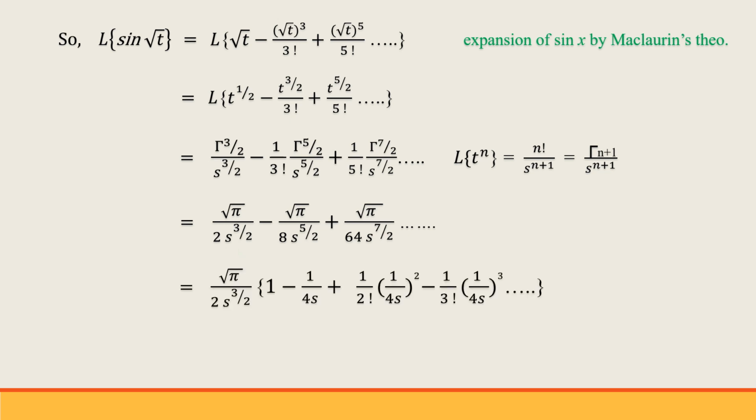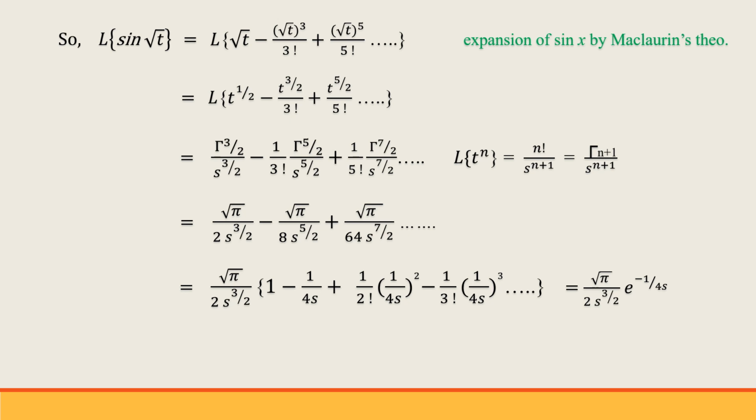In bracket, we get 1 minus 1 by 4s plus 1 by 2 factorial into 1 by 4s whole square minus 1 by 3 factorial into 1 by 4s cube plus and so on, which is the exponential series of e raised to the power minus 1 by 4s.